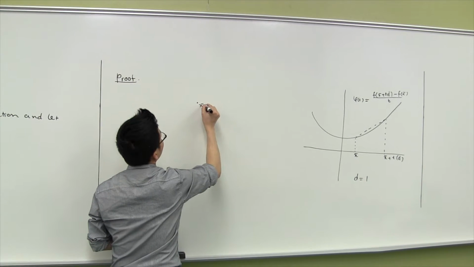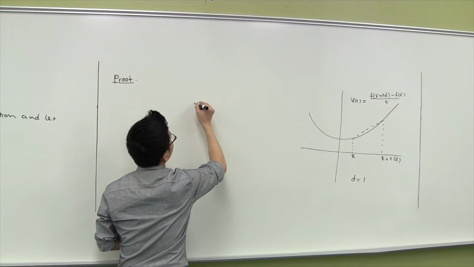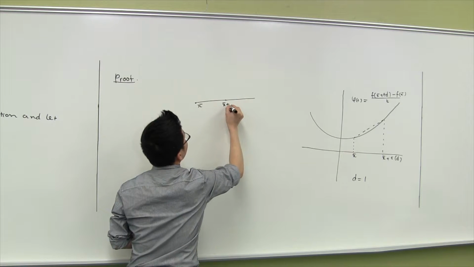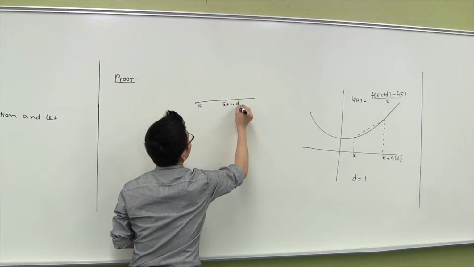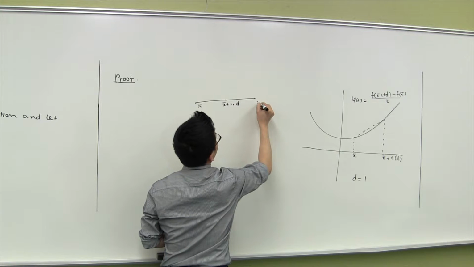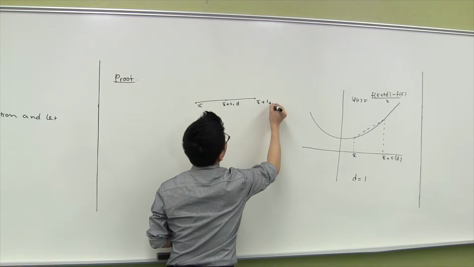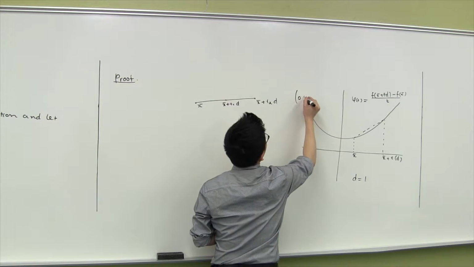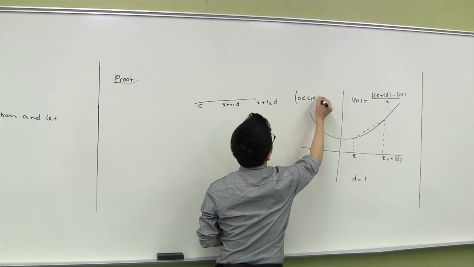This is x bar. This is x bar plus t1 times d, and this is x bar plus t2 times d, where 0 is less than t1 and less than t2.